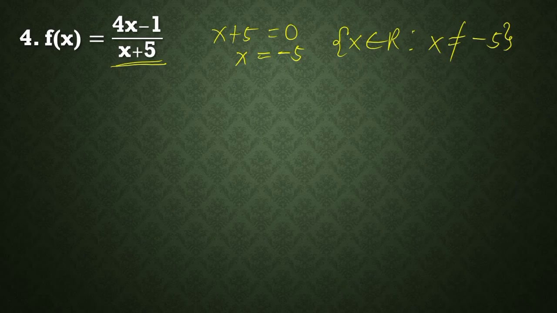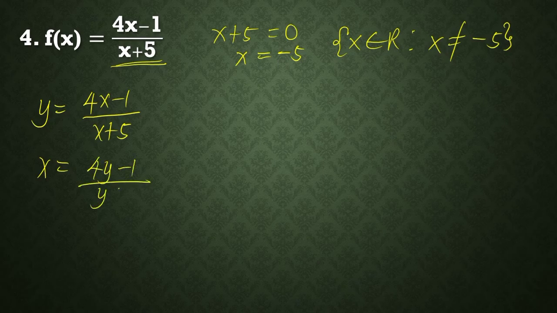Okay. Next, for the range naman, y is equal to 4x minus 1 all over x plus 5. And then, we change the position of x and y variables, magiging x equals 4y minus 1 over y plus 5. And then, we multiply the LCD, y plus 5, to the whole equation to eliminate the denominator.